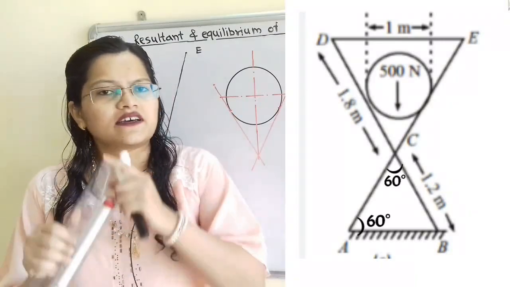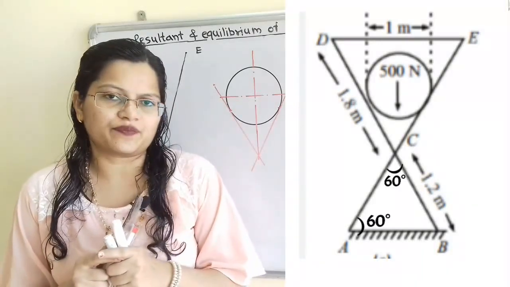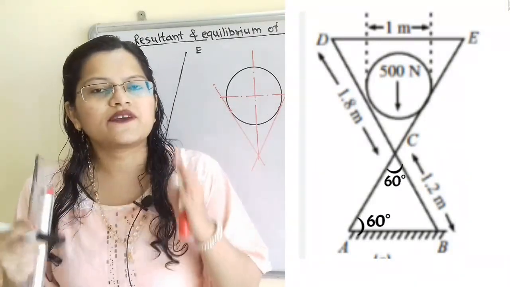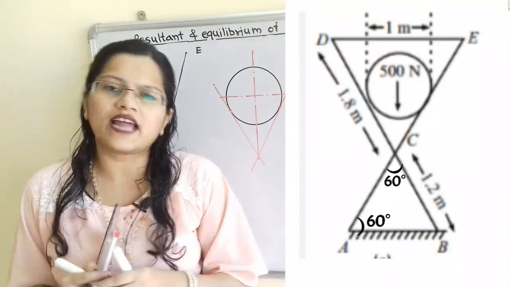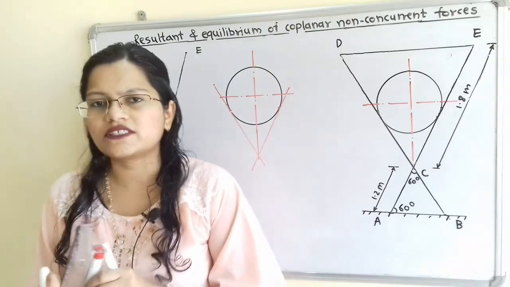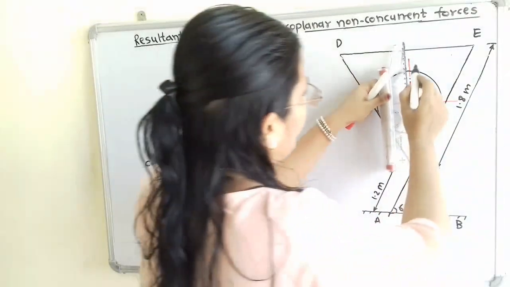Now we will consider the equilibrium of the whole system. So we have to show the weight of the roller, 500 Newton, which will act in the vertically downward direction passing through the center. So I will show here 500 Newton.